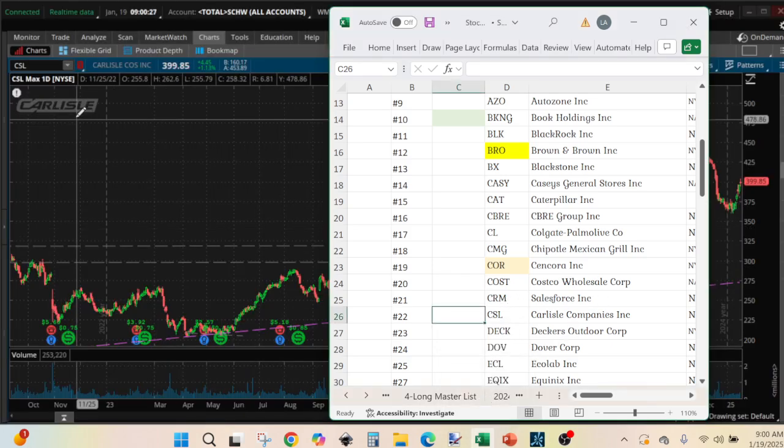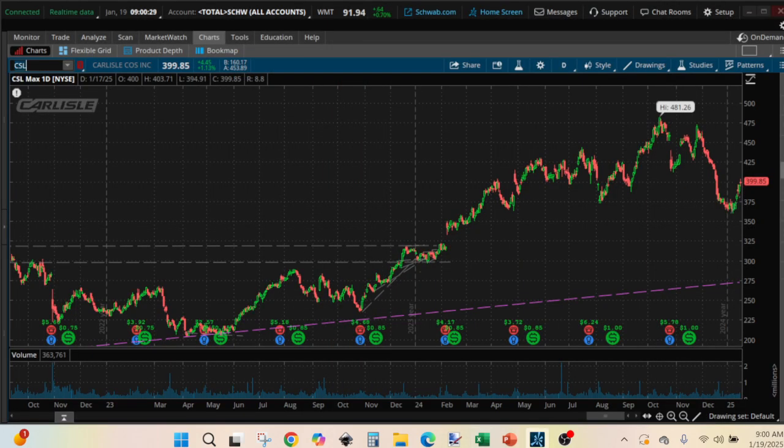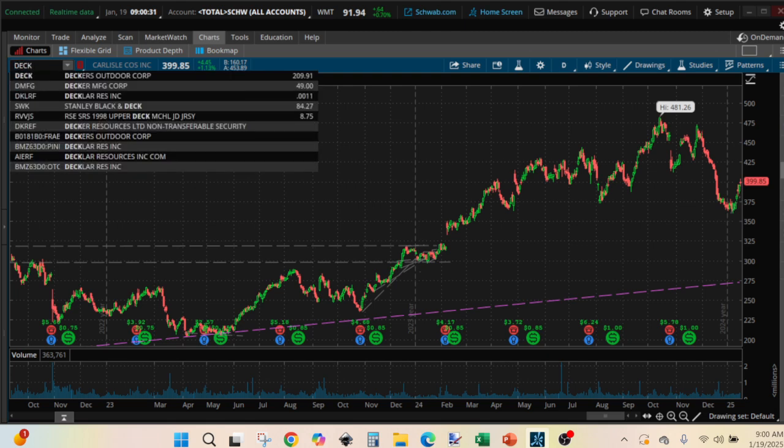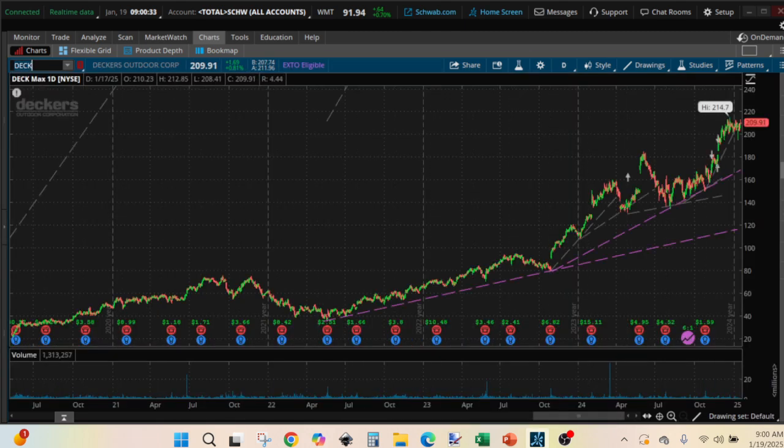The next one is DECK, and the valley of the mountain is the lowest point to buy the stock, because those up lines, also called the support line or the valley, have multiple touch points.